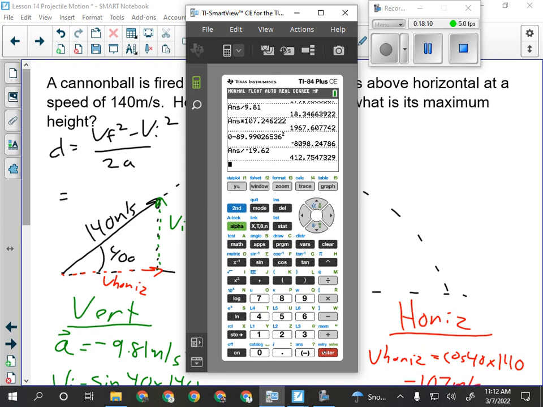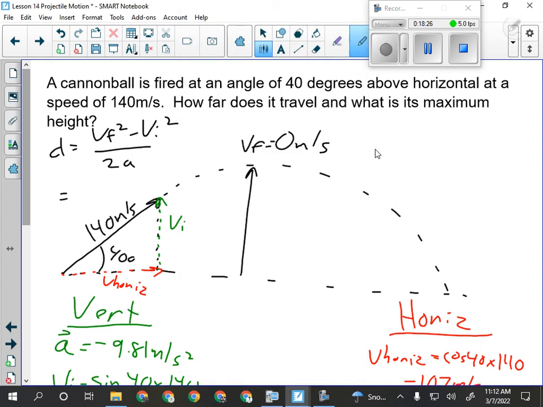All right, is there another way to calculate that maximum height? There is. Remember we said I have to remember VF is 0 and that how much of the time has elapsed at that point? Half. That means I could also use this formula.